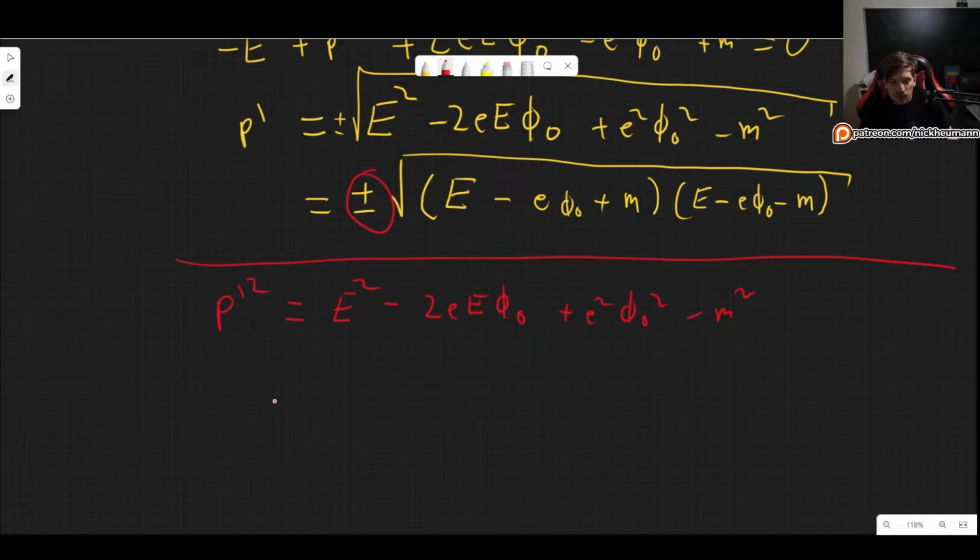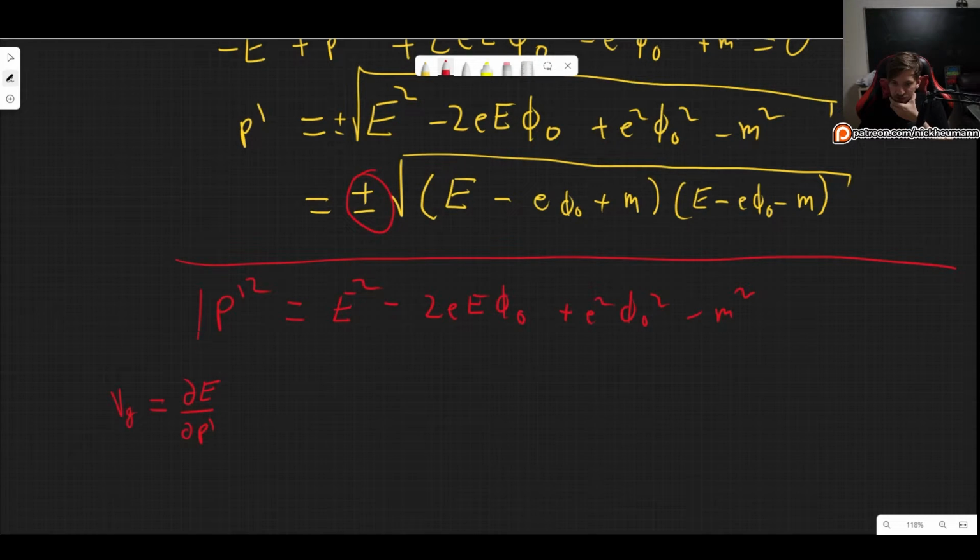Since we are working with waves, let's take a look at the group velocity. From other courses, we know this is simply the partial derivative of the energy with respect to momentum, but in this case, momentum is p prime. So we can take the derivative.